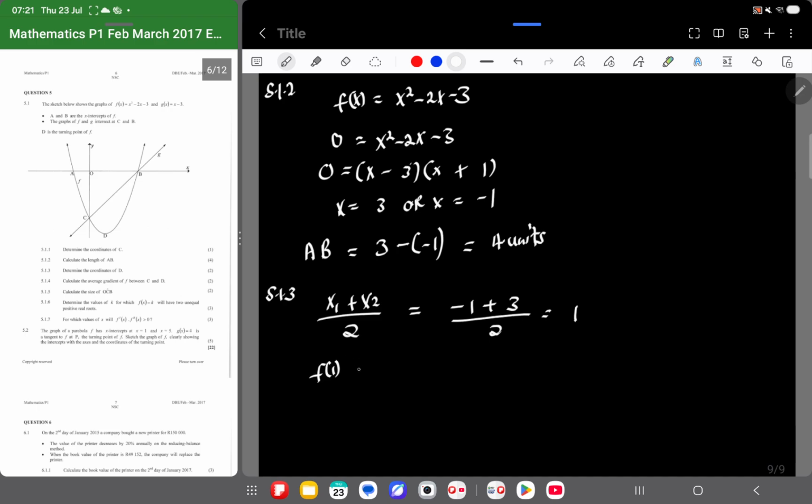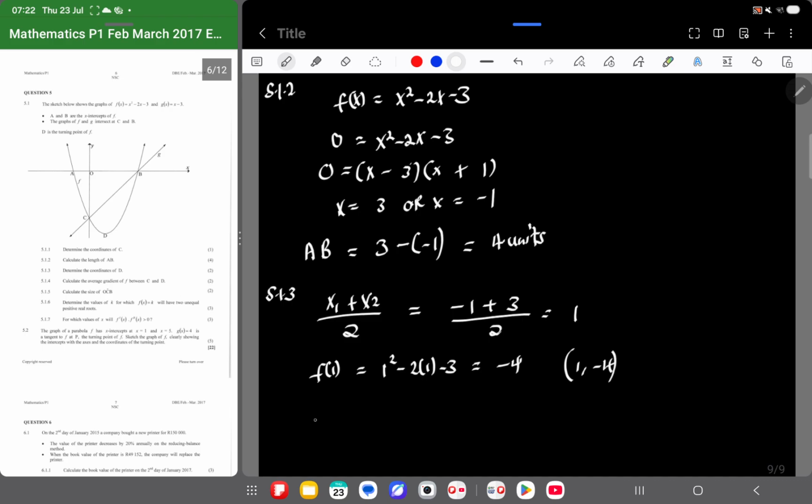So f of 1 will be equal to 1 squared minus 2 times 1 minus 3, and this gives me 1 minus 5, which is negative 4. So the coordinates there are 1 comma negative 4.